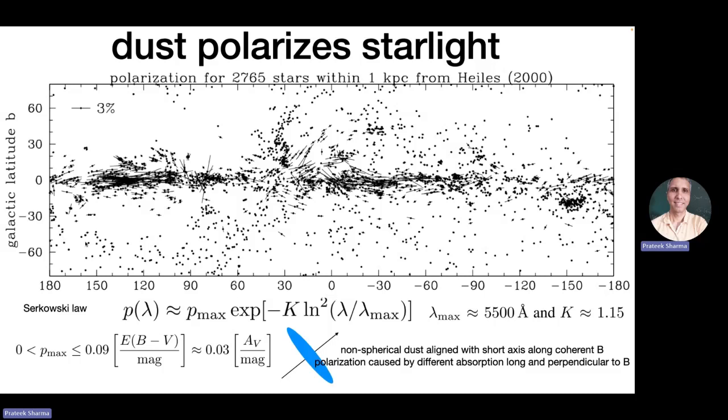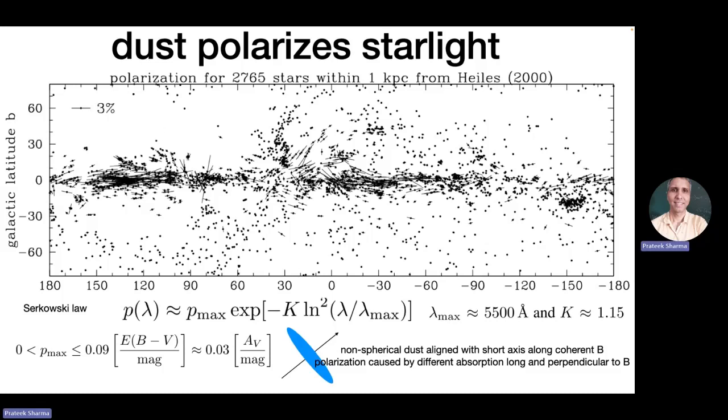This is L versus B, where L is galactic longitude and B is galactic latitude. This is the galactic center, this is L, and this is B. The dot shows the position of the star, and the line shows the polarization strength and polarization angle.